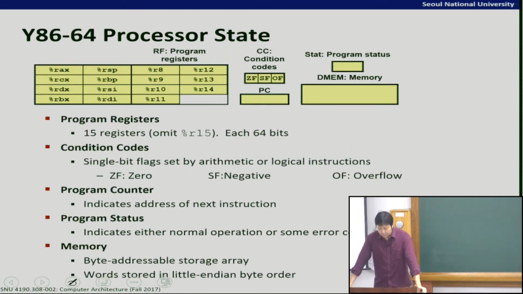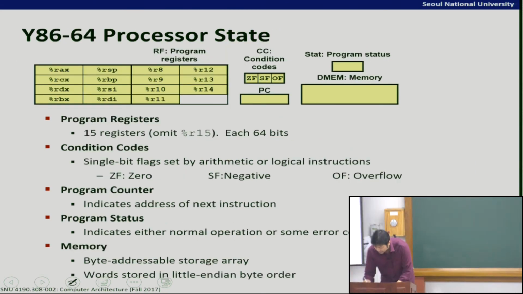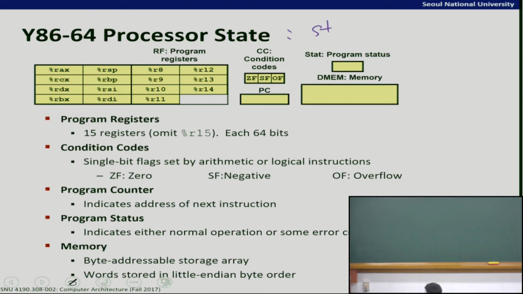So as I said, Y86-64 is a stripped-down version of x86-64, a small subset of the instruction set. And we're going to make hardware that can execute these instructions. So here, let's define the processor state first. We have 15 program registers instead of 16.